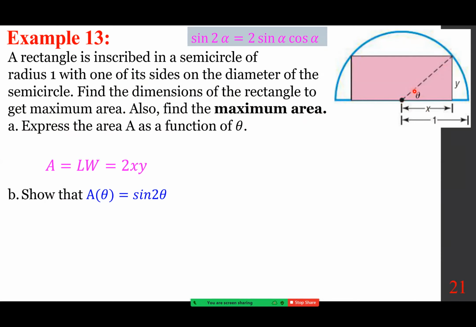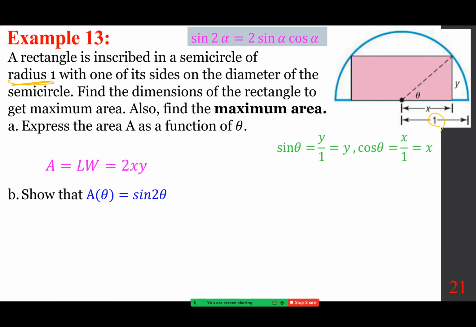So this is theta. Let's calculate sine of theta and cosine of theta. Sine of theta is the opposite over the hypotenuse, and this is 1. Radius 1.